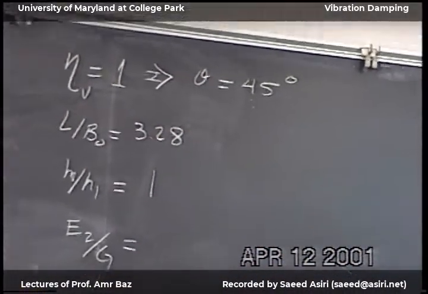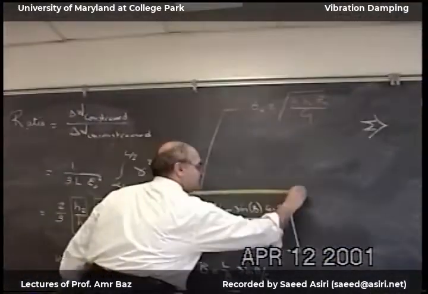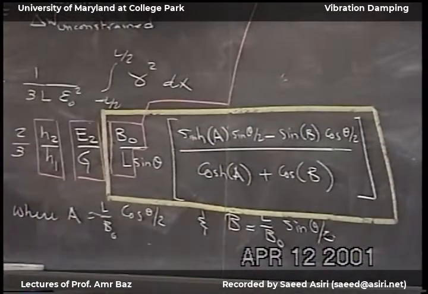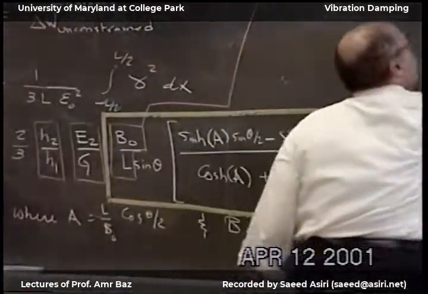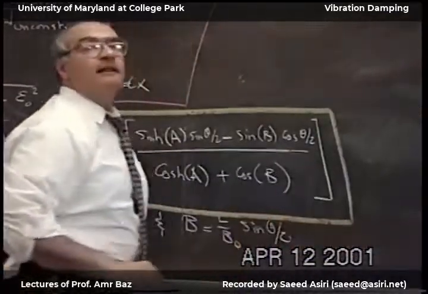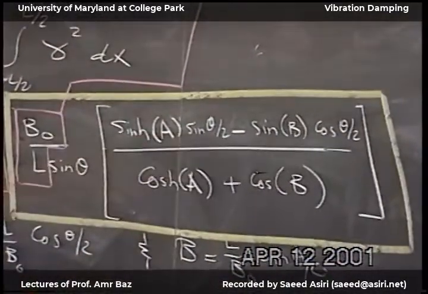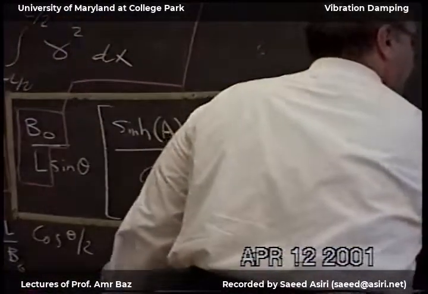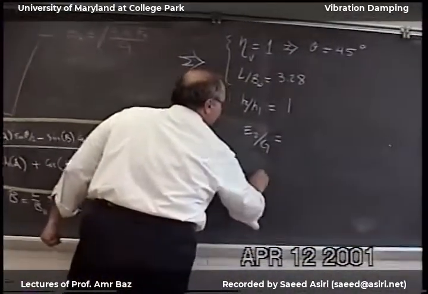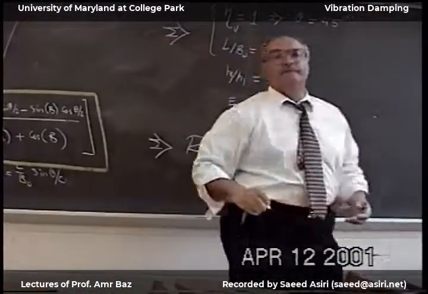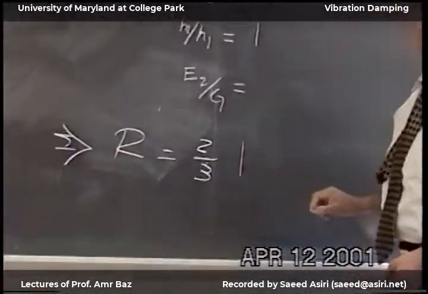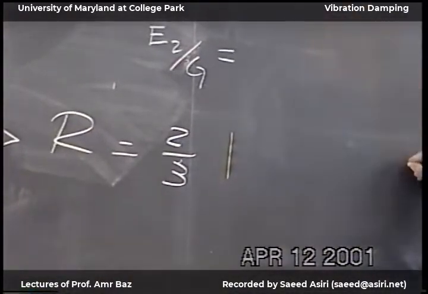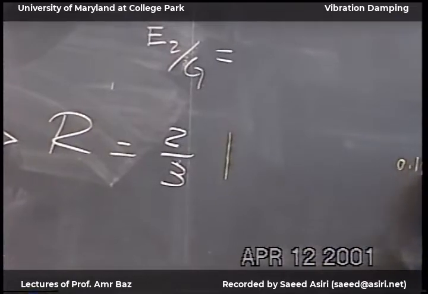You calculate this number for this material, and you'll see that this number is 0.124. Then the ratio is equal to 2/3. I'm going to take this as 1, and then this last bracket is 0.124.